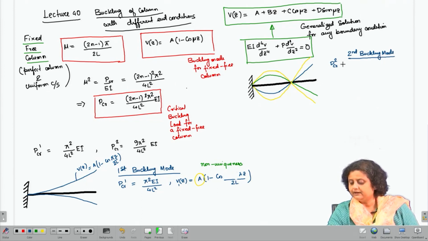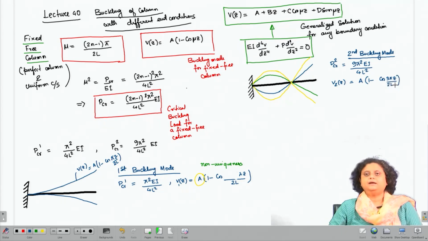P critical 2 is going to be 9 pi square EI by 4L square, and V2z is going to be some arbitrary constant A into 1 minus cos 3 pi z by 2L.